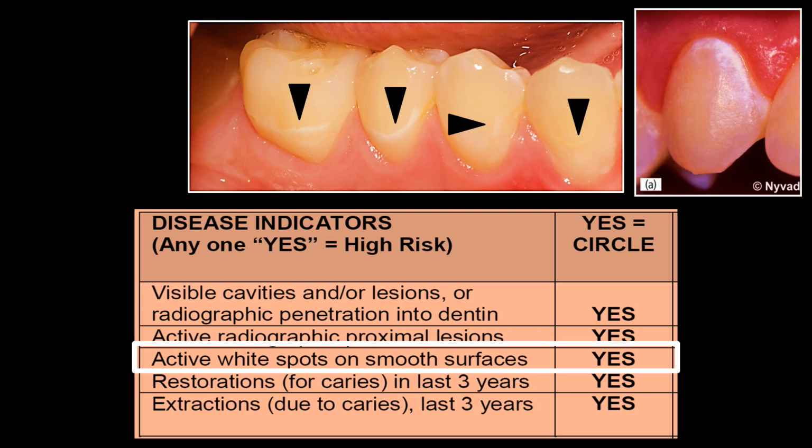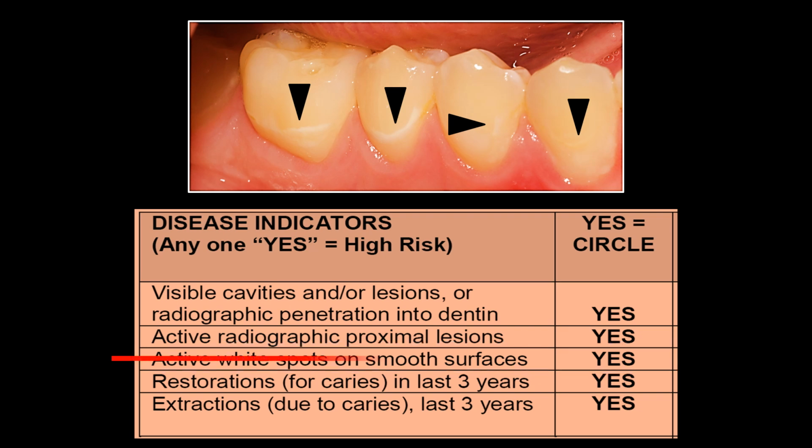And we can tell that these are old arrested lesions because they're nowhere near the gingiva. Apparently the tissue has receded, and that takes a while. So it's probably been years since these white spots were active. They have become arrested. So for these teeth, you would not circle yes for this item.